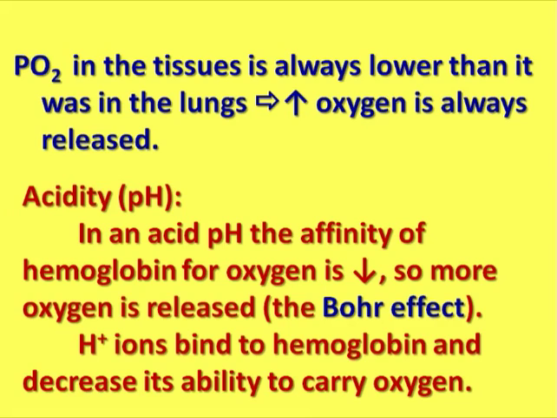That is why, when there is lactic acid production in some of the tissues, the acid level is more, or the hydrogen ion concentration is more, and in that case hemoglobin will have a tendency to join with the protons and release the oxygen. That is what we call the Bohr effect.